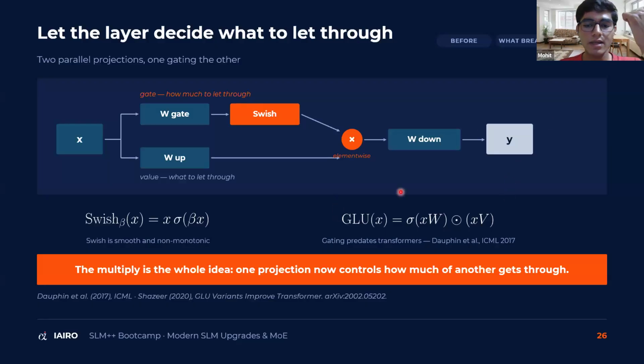And the equation looks something like this. The Swish part of it is this, that we used to take a look at the standard deviation of it, and we used to attend only those queries which were highly probable in the standard deviation, and the gated attention would do the Hadamard product, that is the element wise product of it.